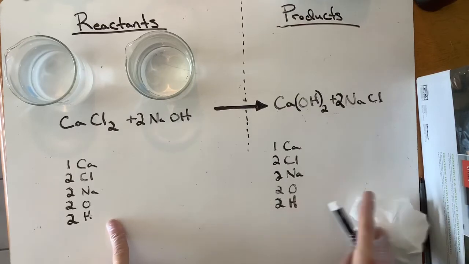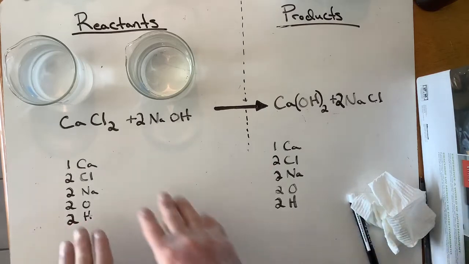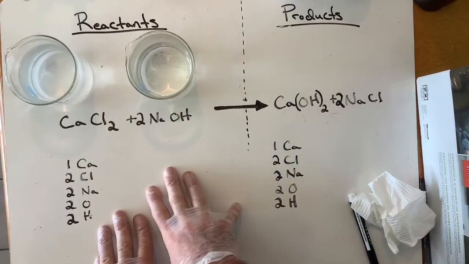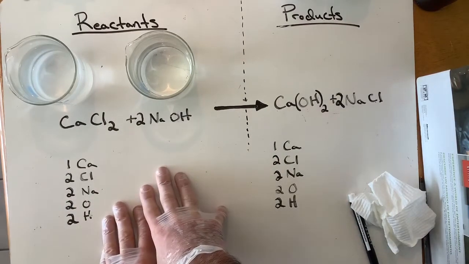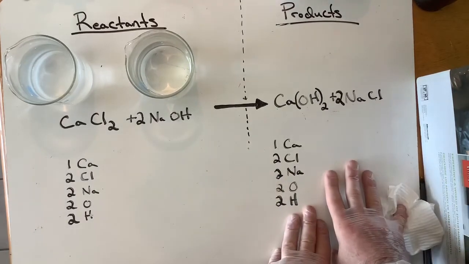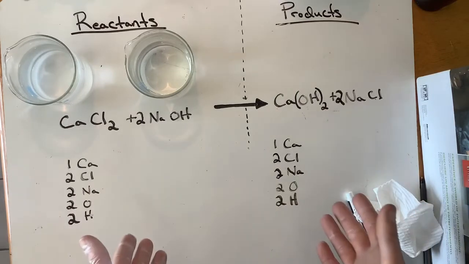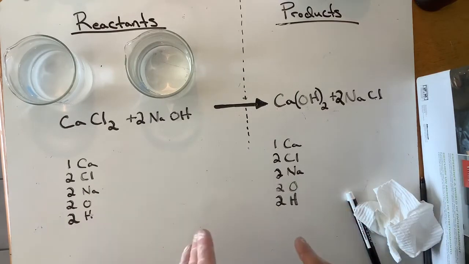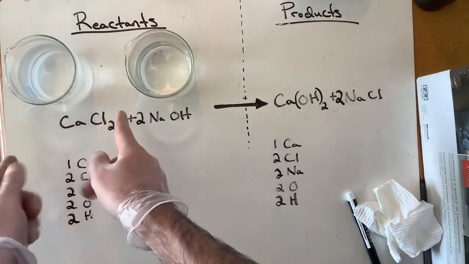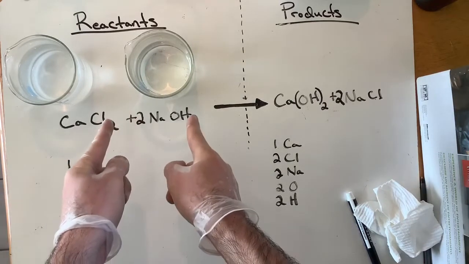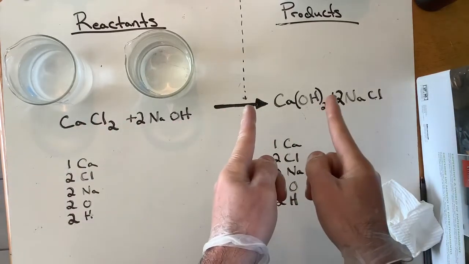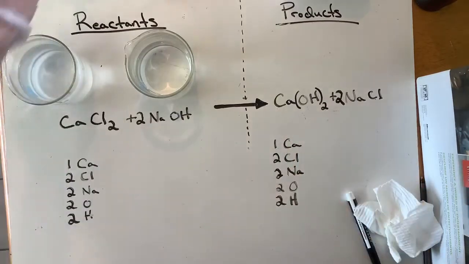So what this means is we've got the same number of atoms for each element that we started with and the same number of atoms for each element that we end with. No atoms were created, no atoms were destroyed. We just broke the bonds that were holding these two substances together, rearranged them to create two new substances.